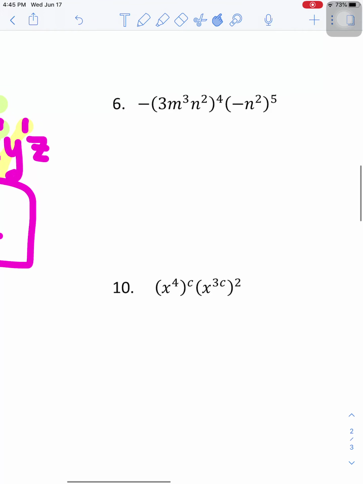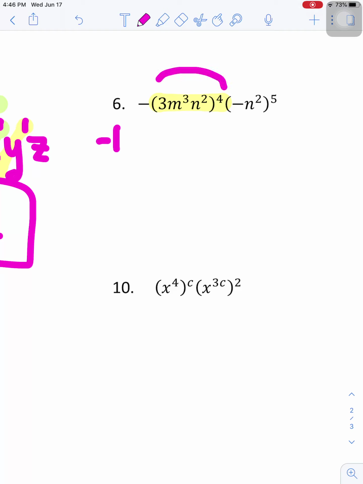All right, number 6, there's a lot of negatives here. Now, I put the negatives here because I want us to recognize what they mean in each of these cases. Now, the negative out front is like a -1. If you take a look at the second part of the problem, we have 3m cubed n squared all raised to the 4th power.